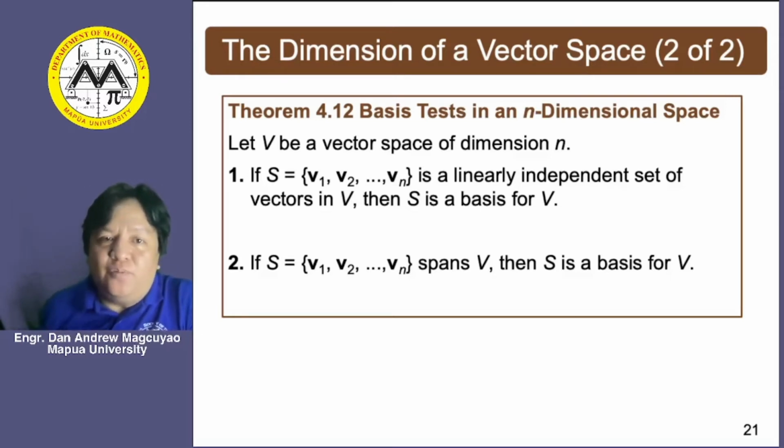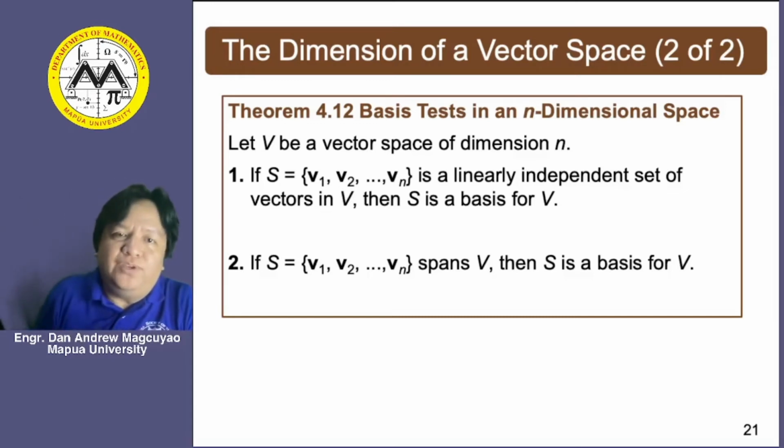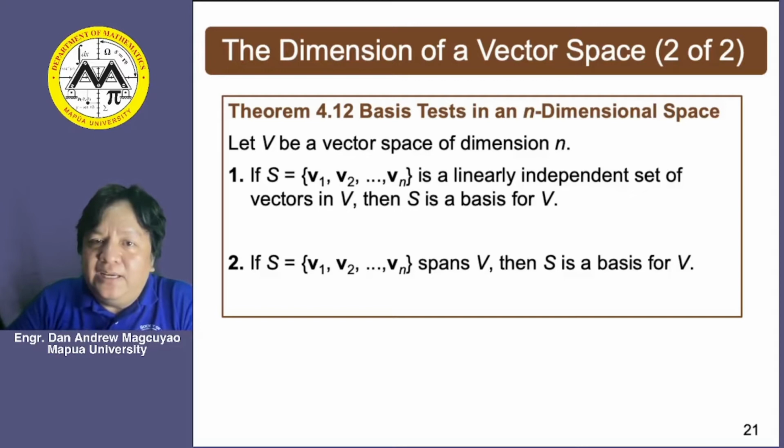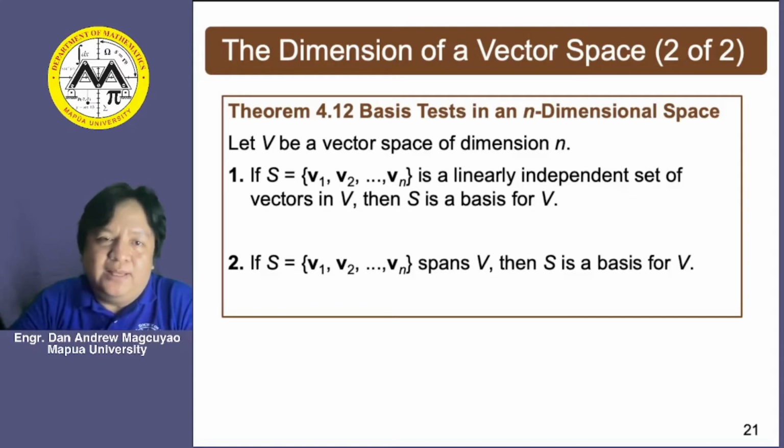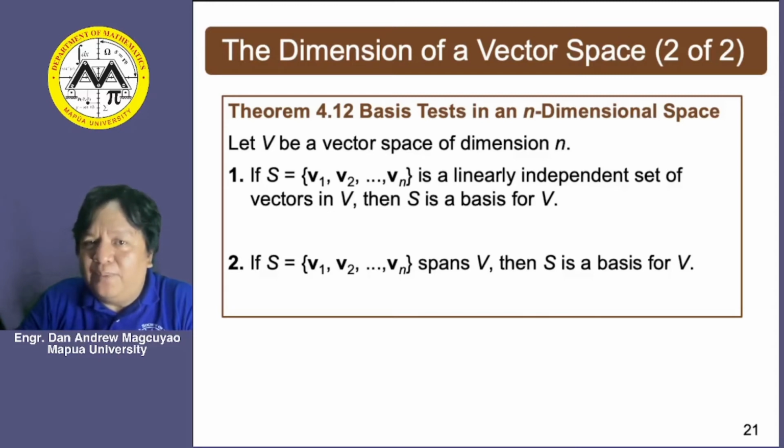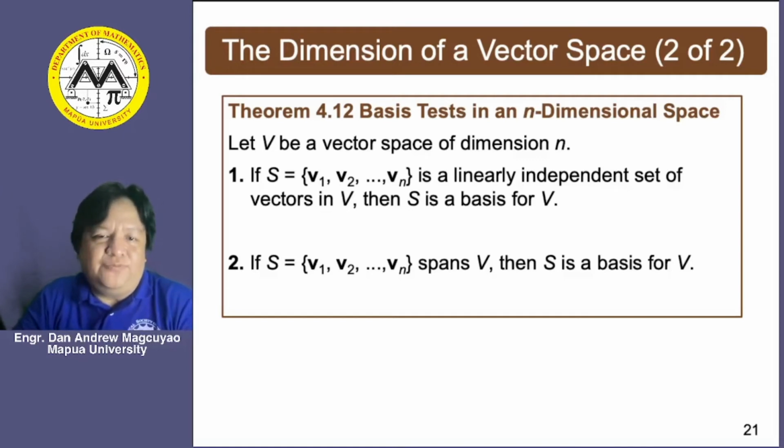If S is composed of the vectors v1, v2, up to vn, and this set of vectors is a linearly independent set of vectors in V, then S is a basis for V. And if S equal to v1, v2, v3, up to vn spans V, then S is also a basis for V. So if there are n vectors and it is linearly independent, then it forms a basis. If there are n vectors and it spans, then it is a basis for V.